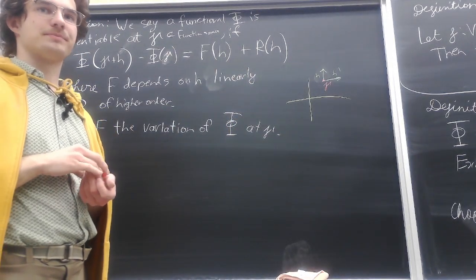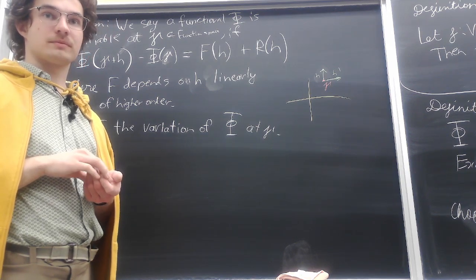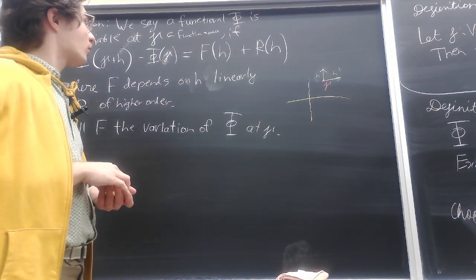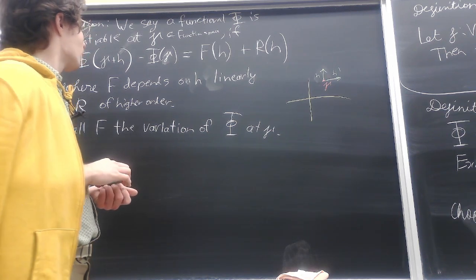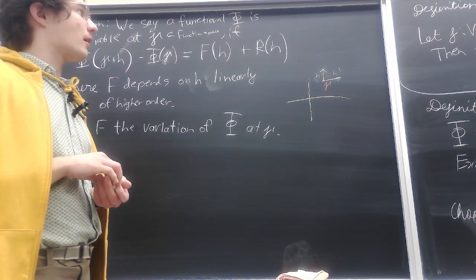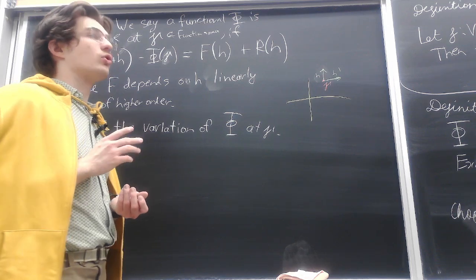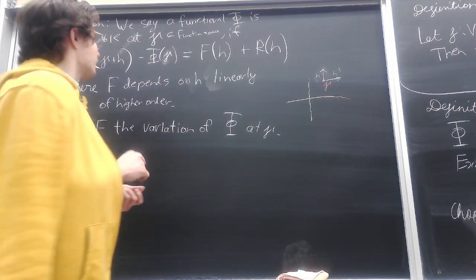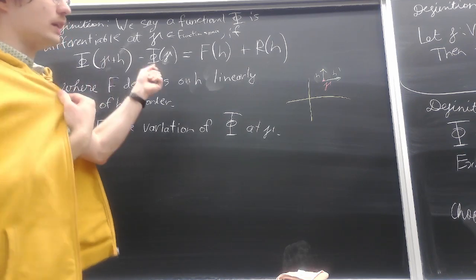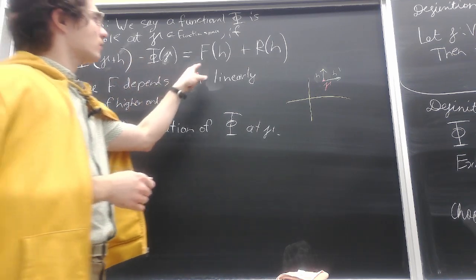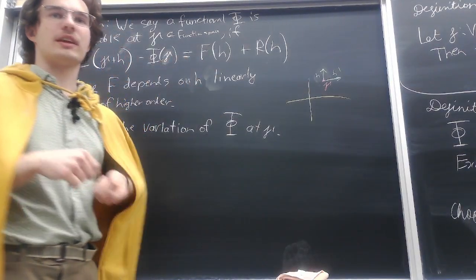Does it make sense to say R of h over something goes to 0? Not necessarily. Well, I guess you could. What I'm trying to do with this definition is define something that's like the Jacobian.